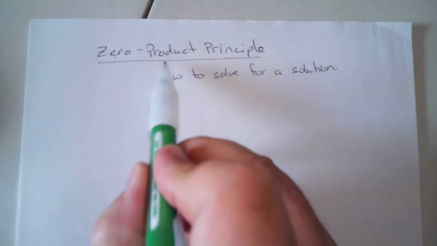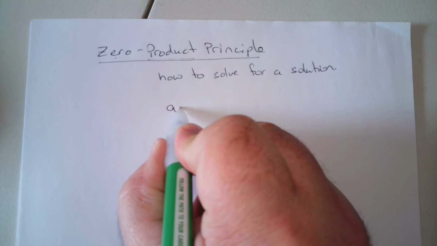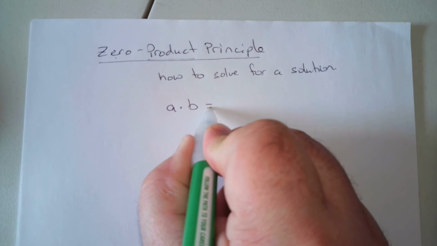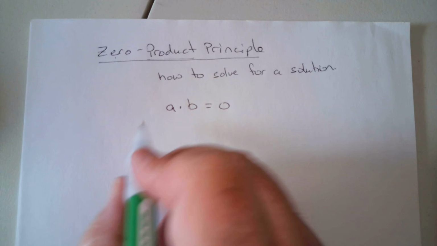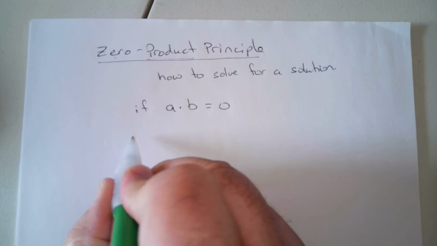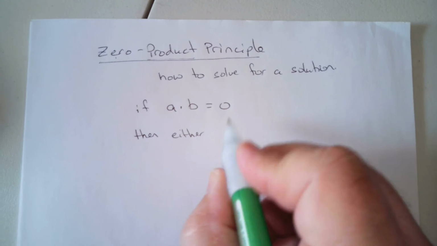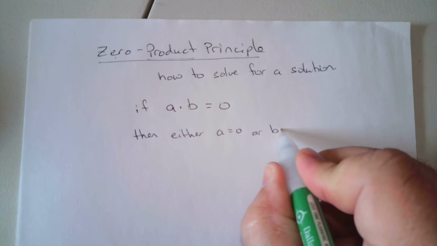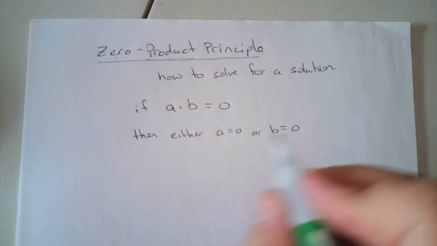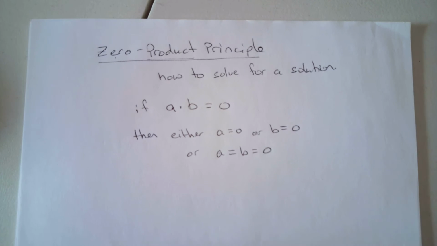Zero product. Product means multiplication. Notice what this says is, if I have a product of two numbers, a times b, and it equals 0, what has to be true about that? If a times b equals 0, then either a equals 0 or b equals 0, or a and b equal 0.